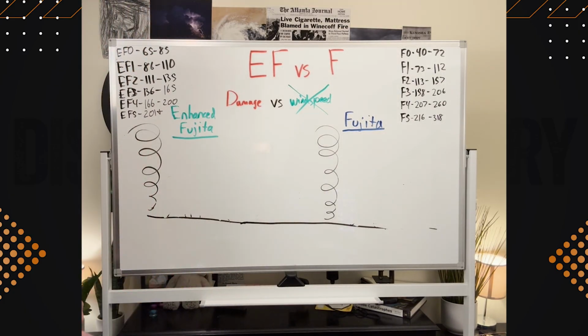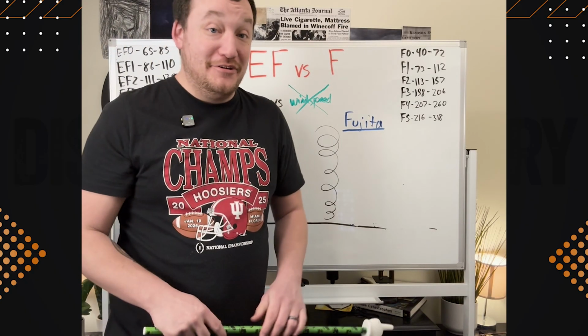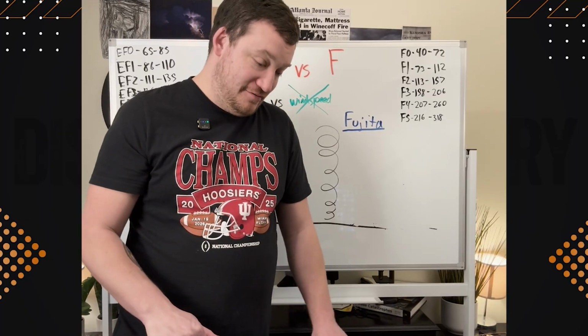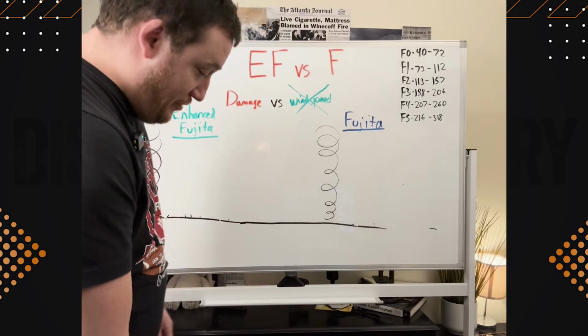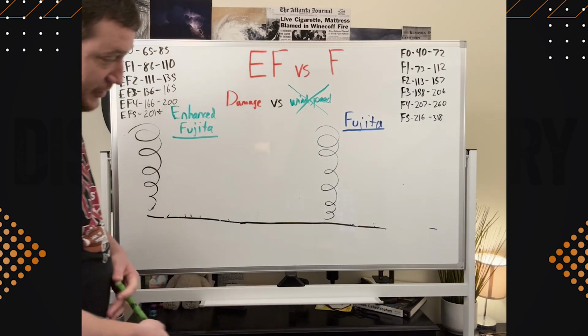There is an argument that has been made that Joplin was not an EF5 tornado. I'm not going to make the argument, but there is an argument that has been made that it was not an EF5 tornado. Now, the other thing is, this doesn't do well with other damage as it is described.